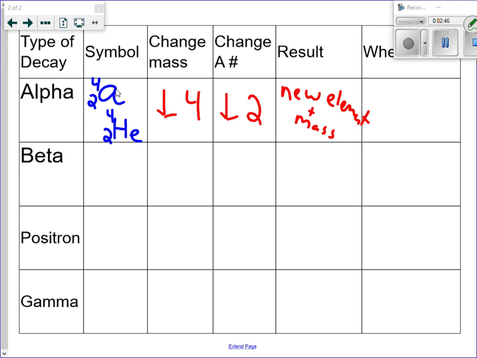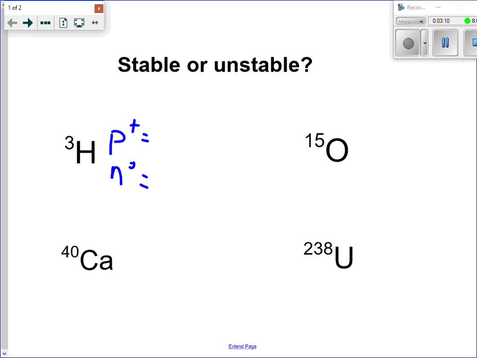Last thing to bring up on this one, when does it occur? When elements are too big. Uranium-238.